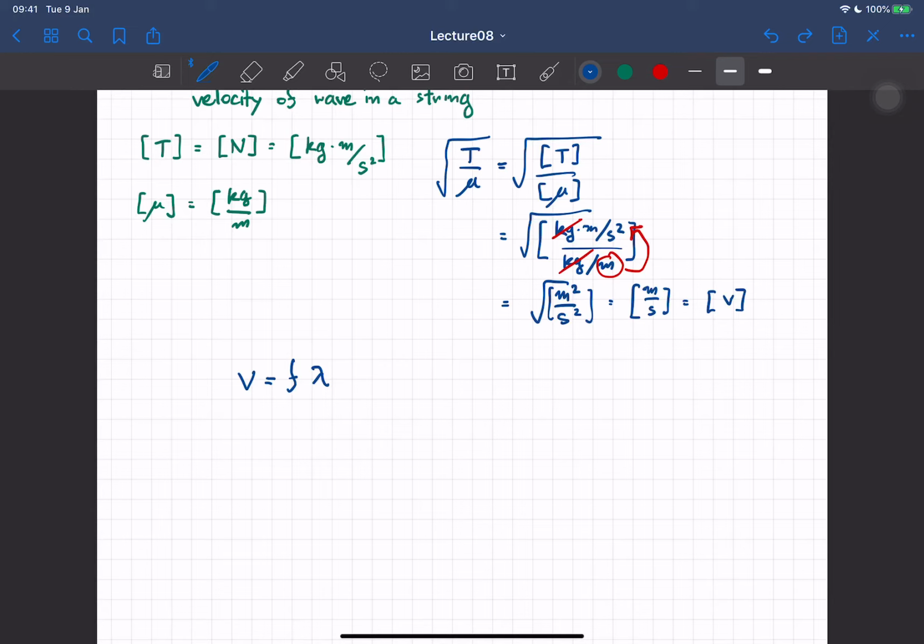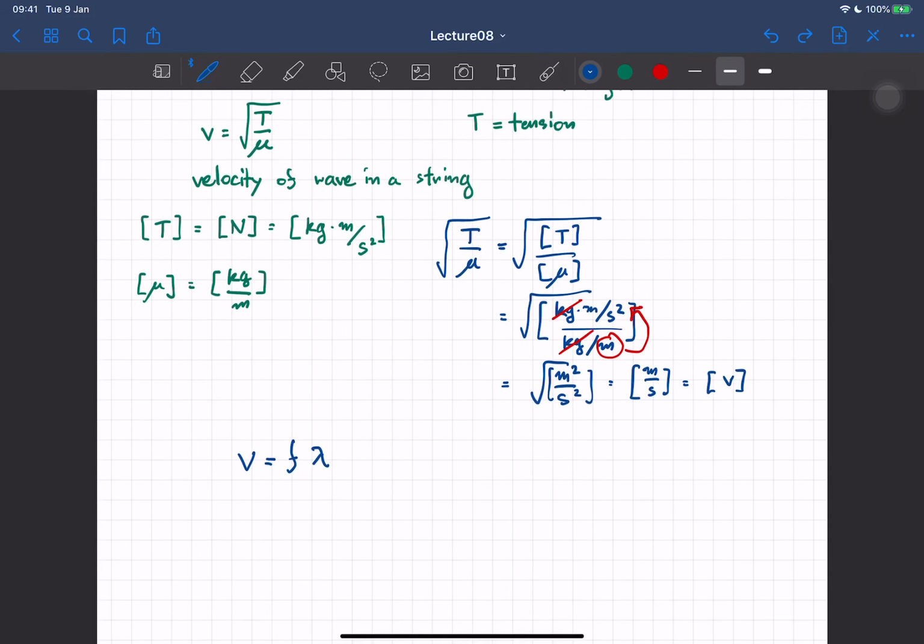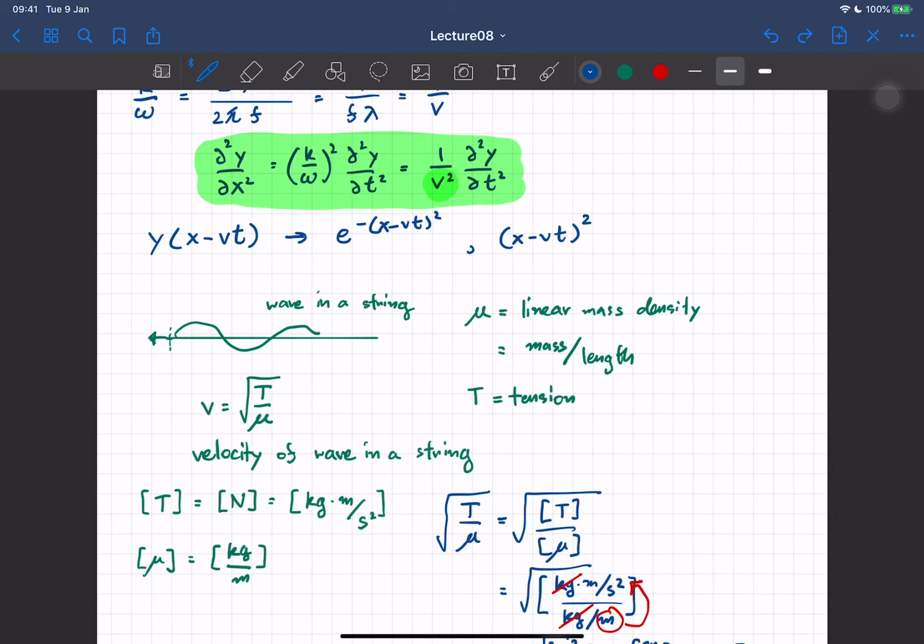So up until this point, even though we use a wave in the string as a study model, what we talk about up until now actually applies to any kind of wave. Anything that behaves like this is a wave. And you're gonna see that this is also true when we talk about electromagnetic wave, which is gonna be way at the end of this course, and we might not even get to that.